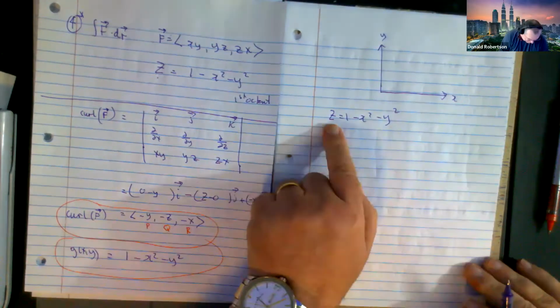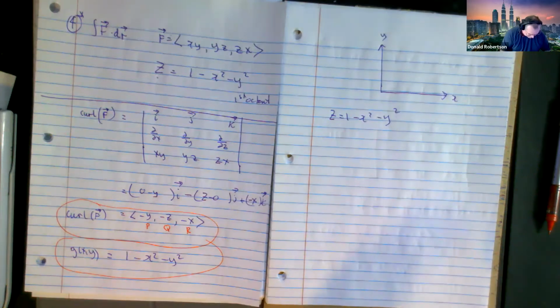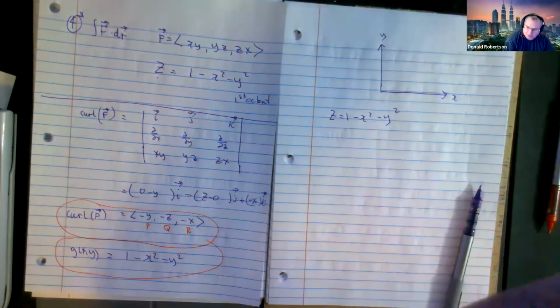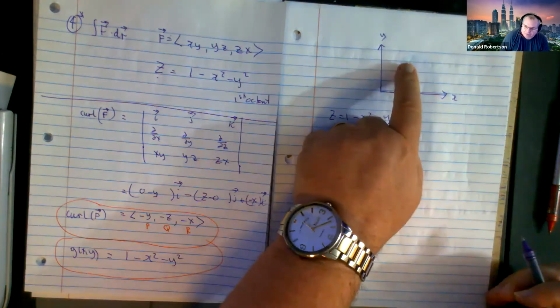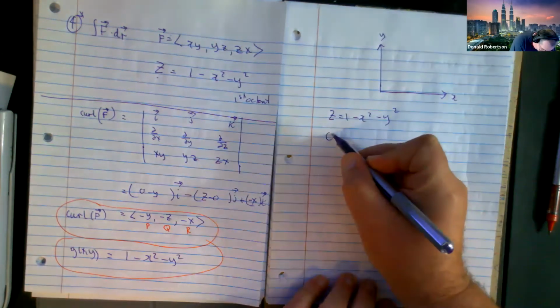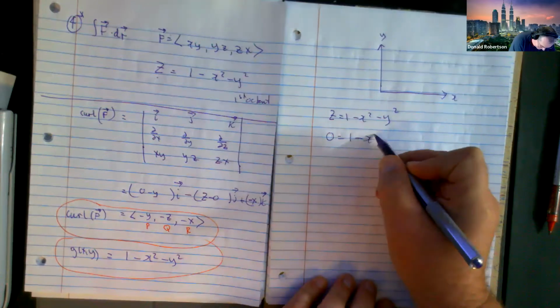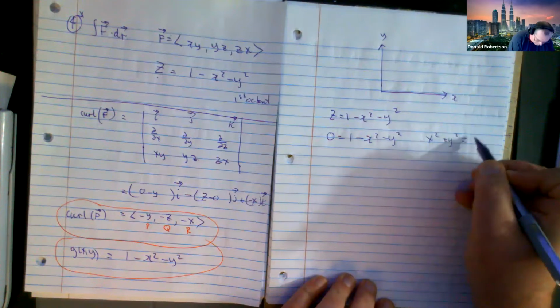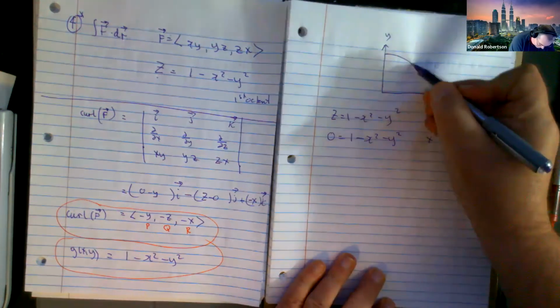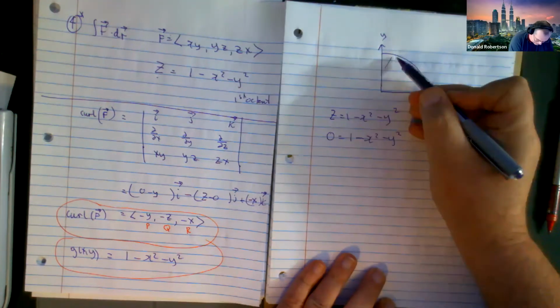We have this fella here, and what we're trying to do is, what does this surface look like when you project it onto the XY plane and you restrict yourself to the first octant? So if you put a 0 here, and you do a quick rearrangement, that's what you get.